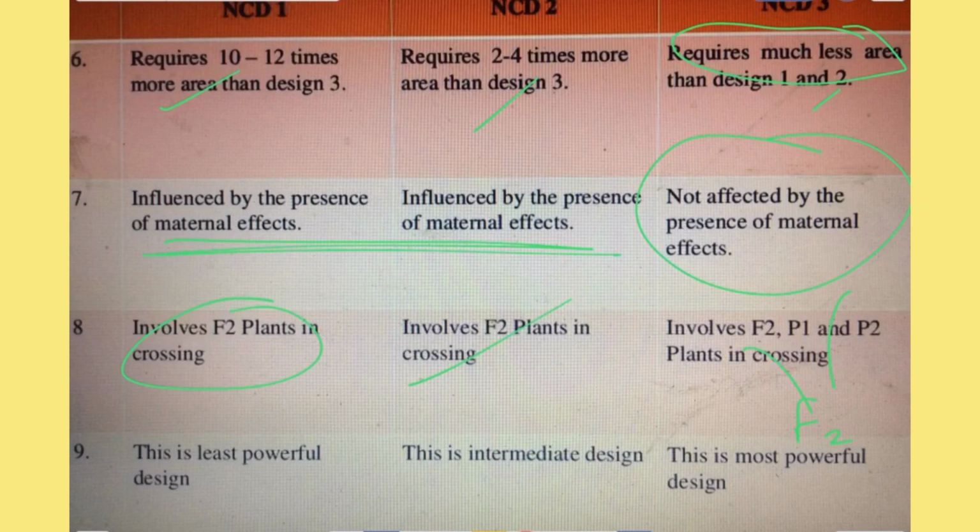Now all the parents are involved in the crossing program. NCD1 is the least powerful design. NCD2 is intermediate, while NCD3 is the most powerful and most useful design. This is all about the NCD designs and biparental design.